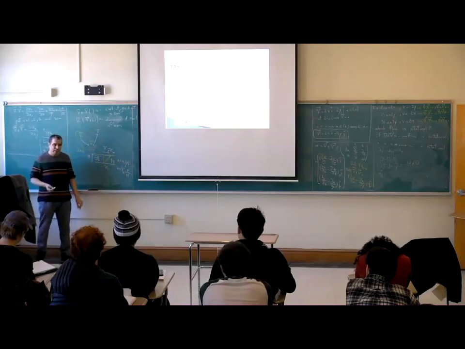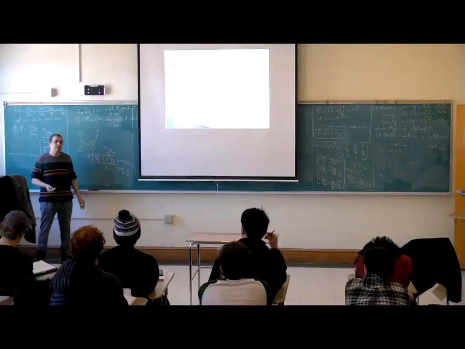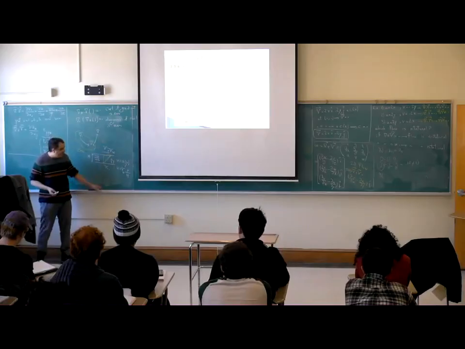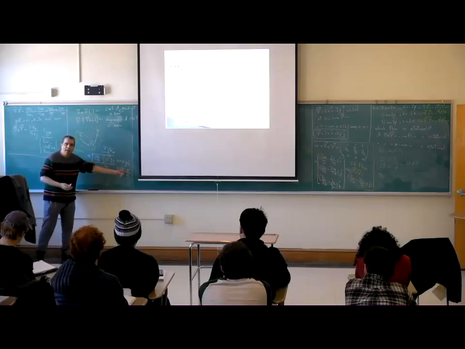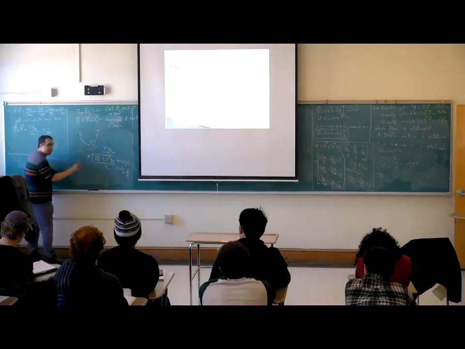Make sense? This flow is rotational. Why is the curl non-zero? Because the velocity depends on the opposite variable: u, the x velocity, depends on y. What does rotational mean?